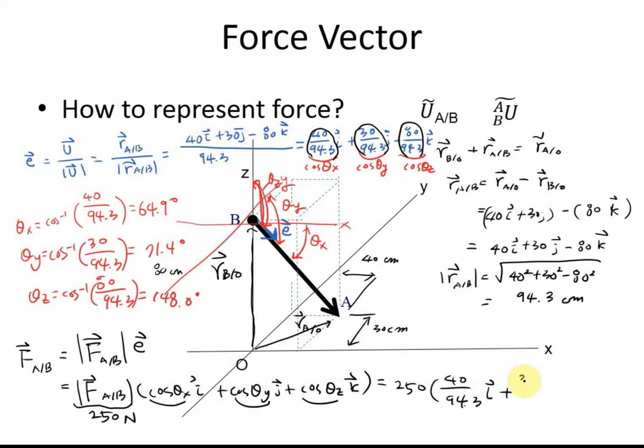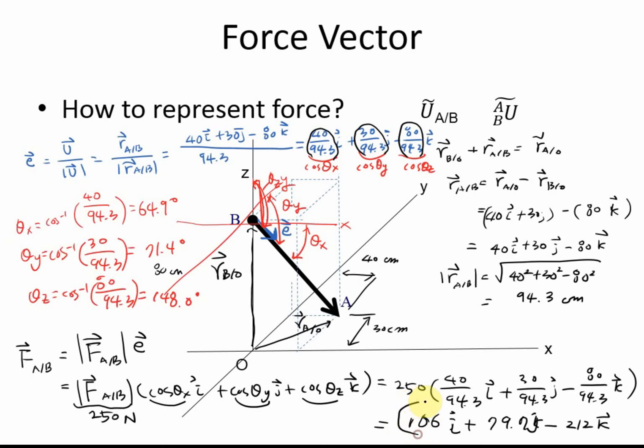i, j, and k. So that's why if you just multiply this one, 106i and 79.7j and minus 212k.